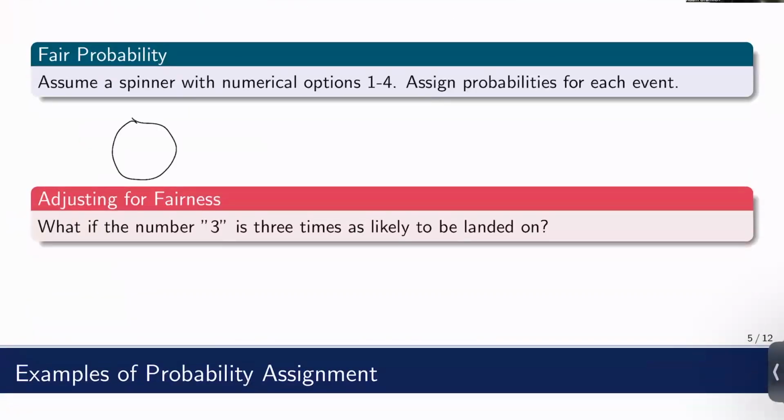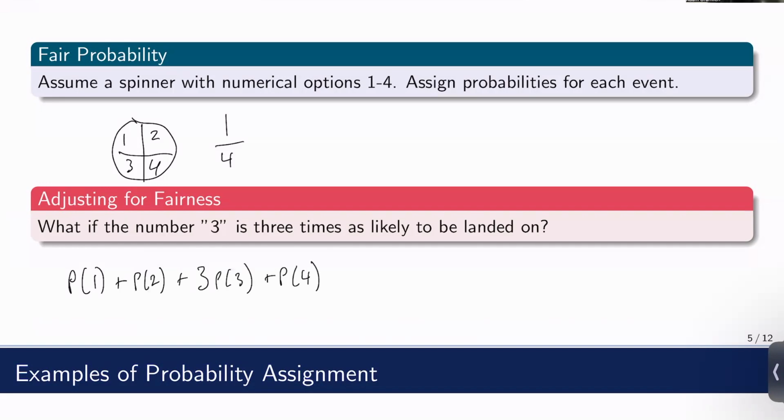Assume a spinner with numerical options 1 through 4. The spinner has 4 quadrants. So if we were to assign probabilities for landing on each of these, assuming this is fair, each one has an equal likelihood of 1/4 to be landed on. Now, in order to adjust for fairness, let's write this out. We have probability of 1 plus probability of 2 plus 3 times the probability of 3 plus the probability of 4.